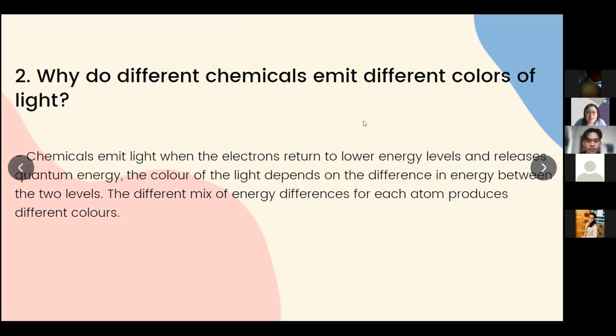Now, why do different chemicals emit different colors? So the color is actually dependent on the energy. So the energy is coming from the heat, right, from the Bunsen burner. So i-absorb yan siya ni electrons, magja-jump siya to a higher energy state, and then it will just go back to the ground state. I-release niya yung energy.